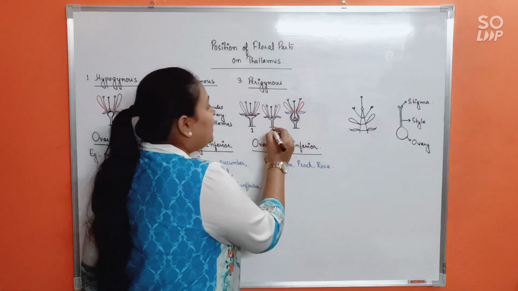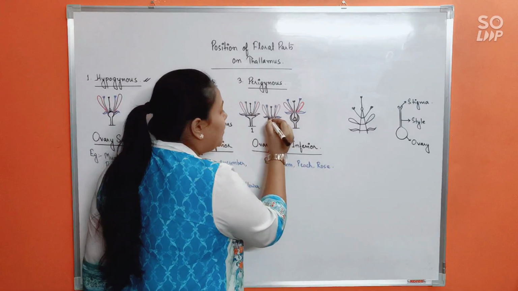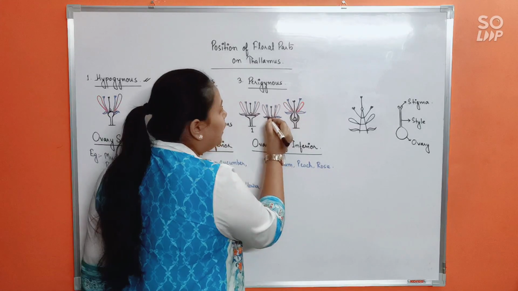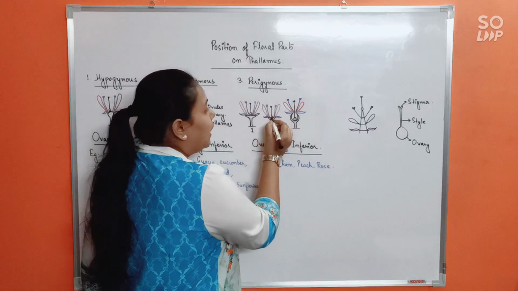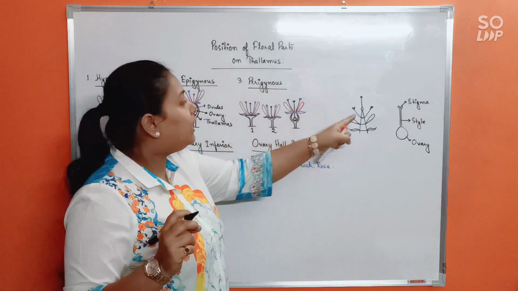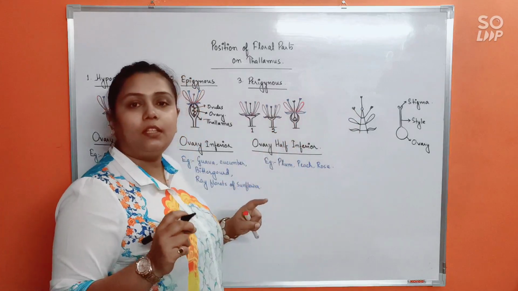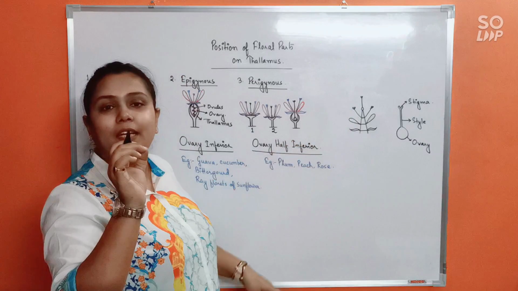Fine. But in the second diagram, you can find that the thalamus this time has become a little bit curved. So it has become cup shaped, isn't it? So cup shaped, again the ovary is at the center. So that means origin wise, the ovary is still at the apex, right? It is still at the tip.